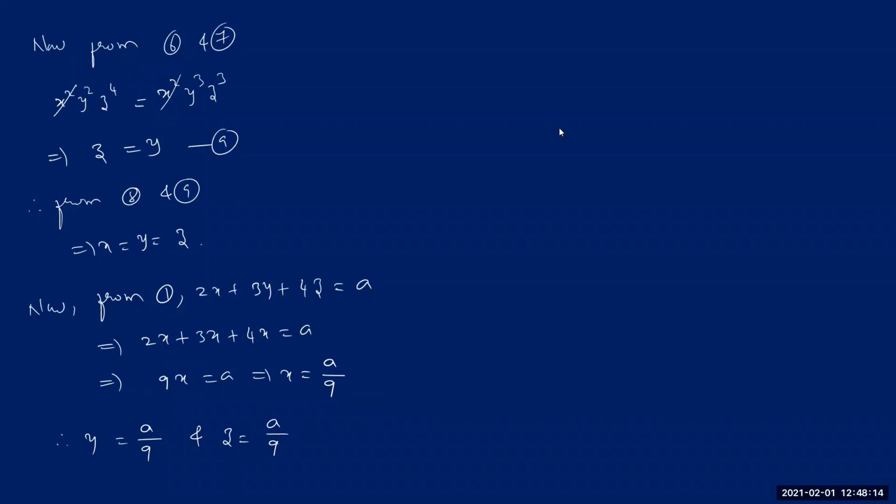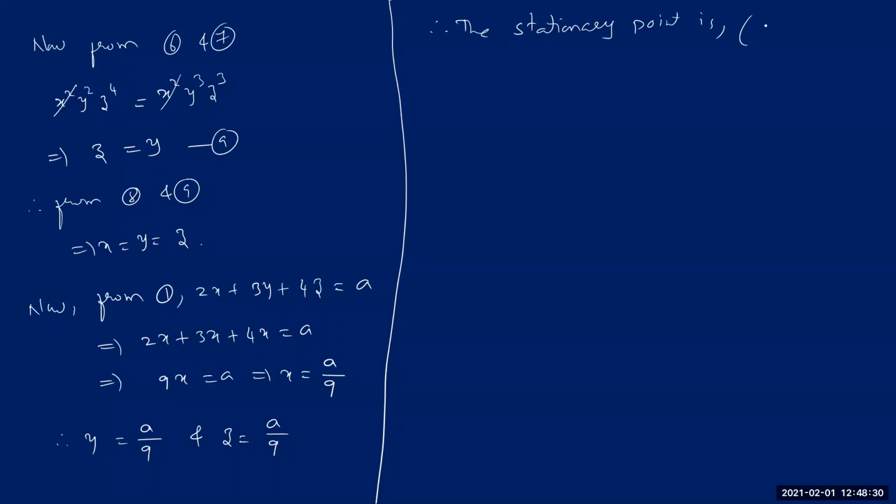Now we got one value for this combination of x, y and z. So that is the only stationary point. Therefore, the stationary point is a by 9, comma, a by 9, comma, a by 9.